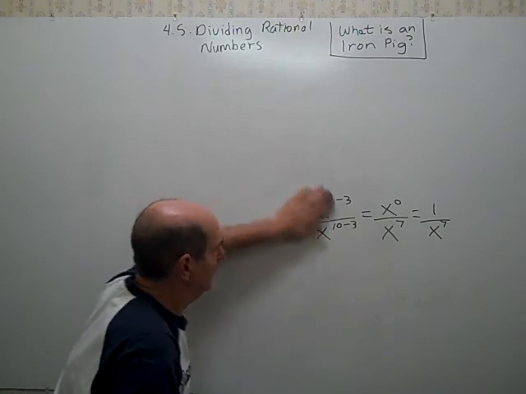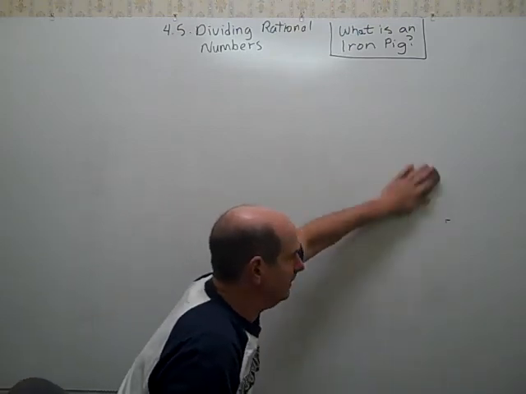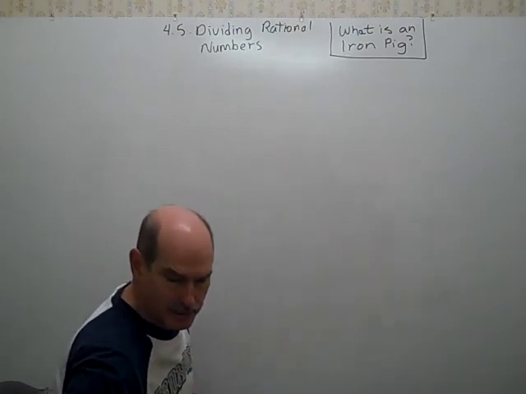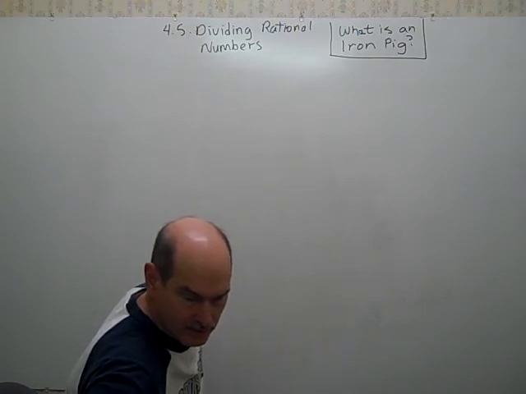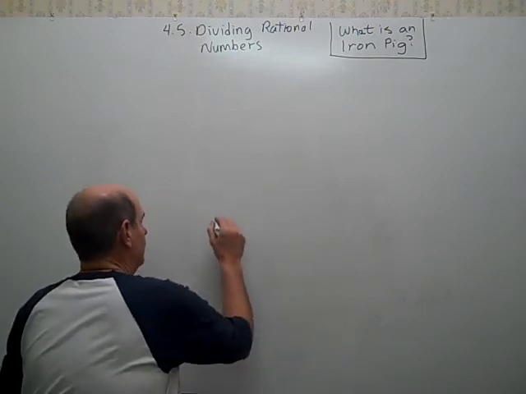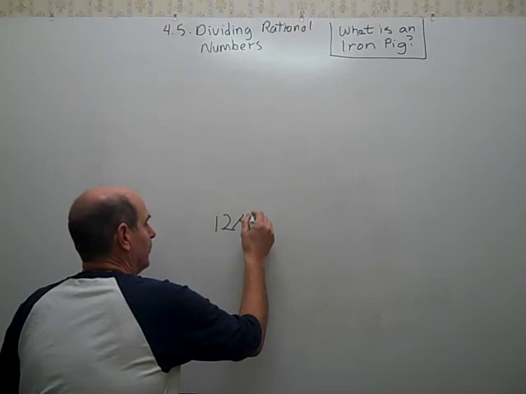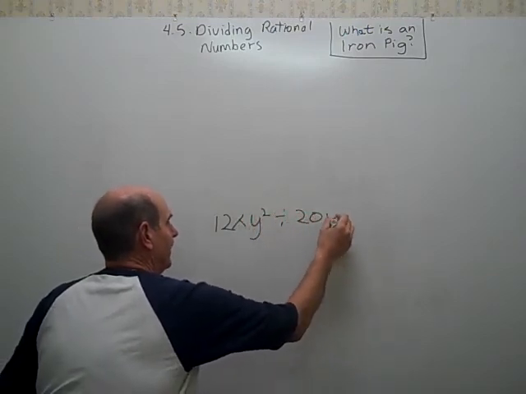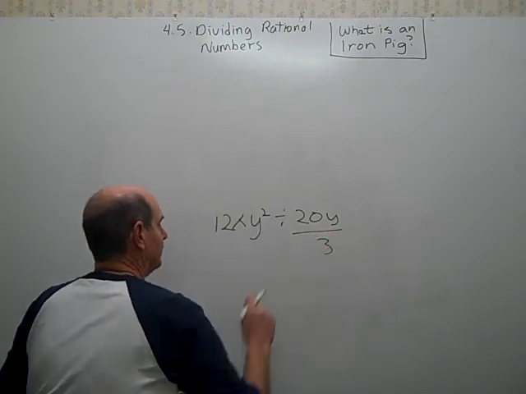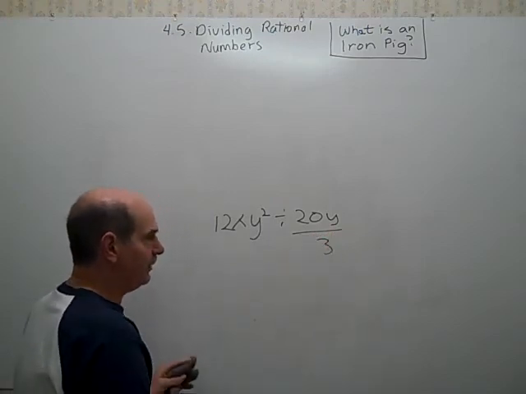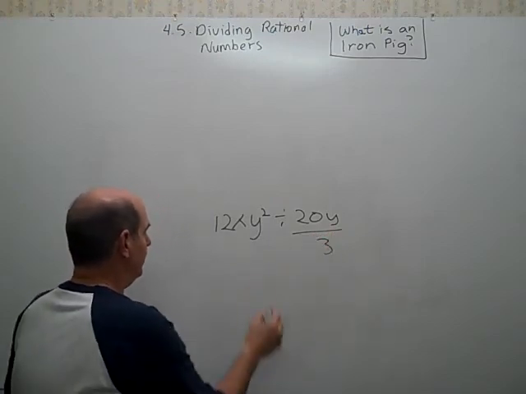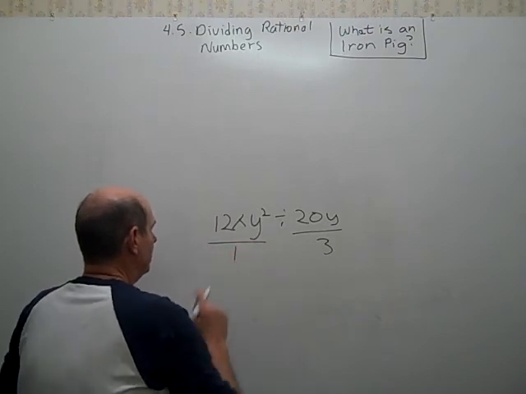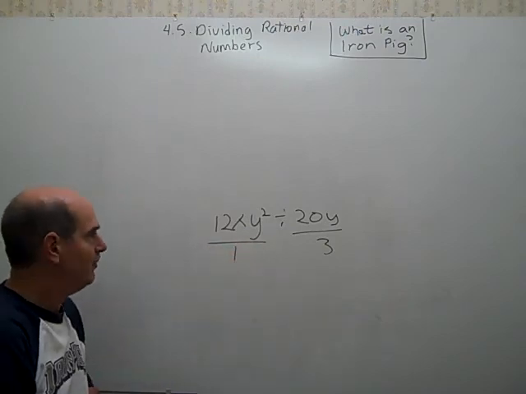So I'm going to take a look at, I think it's problem number 20 on page 89. Yep. Which is 12 x y to the 2nd power divided by 20 y over 3. The first thing that I can do to make this a little friendlier is to make that more like a fraction.